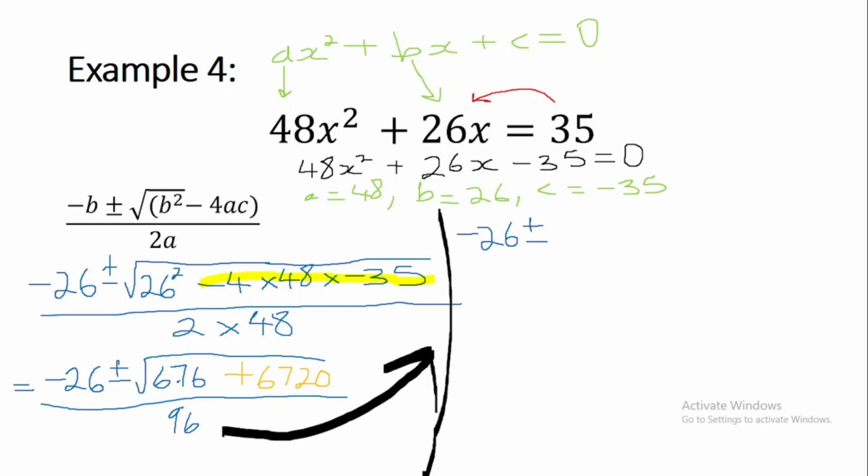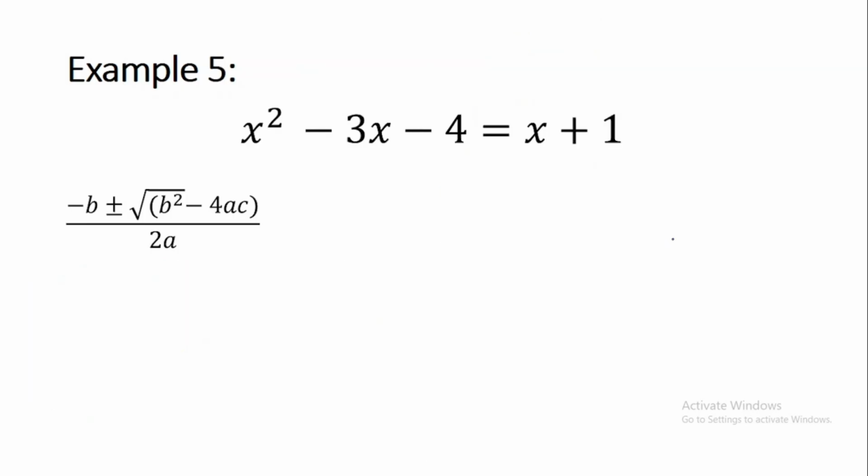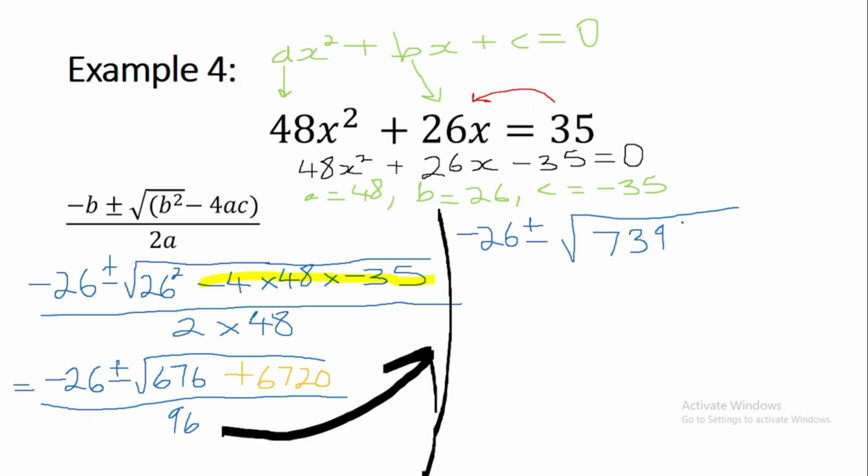So we're just going to add all these figures together, and we will get the square root of, after adding everything, we have 7,396, all over 96.